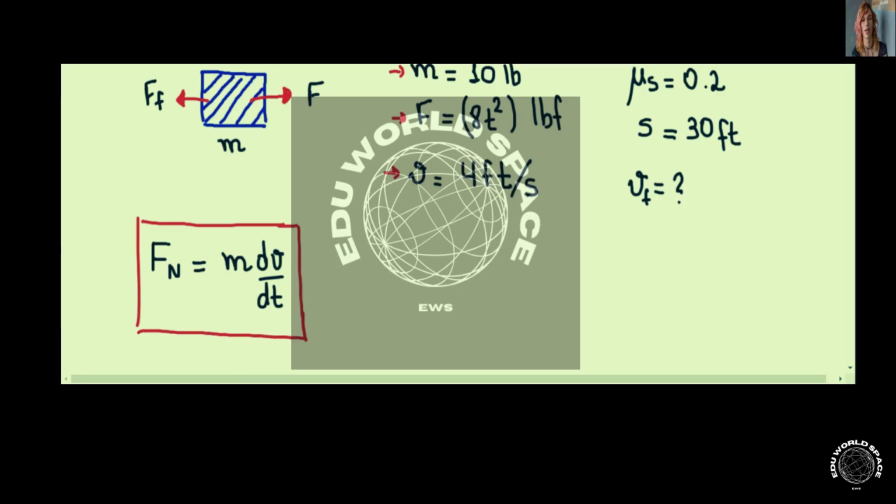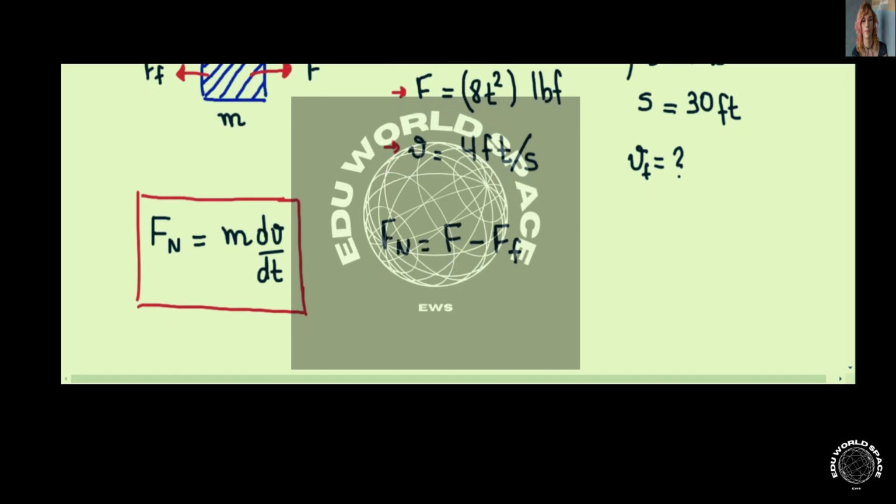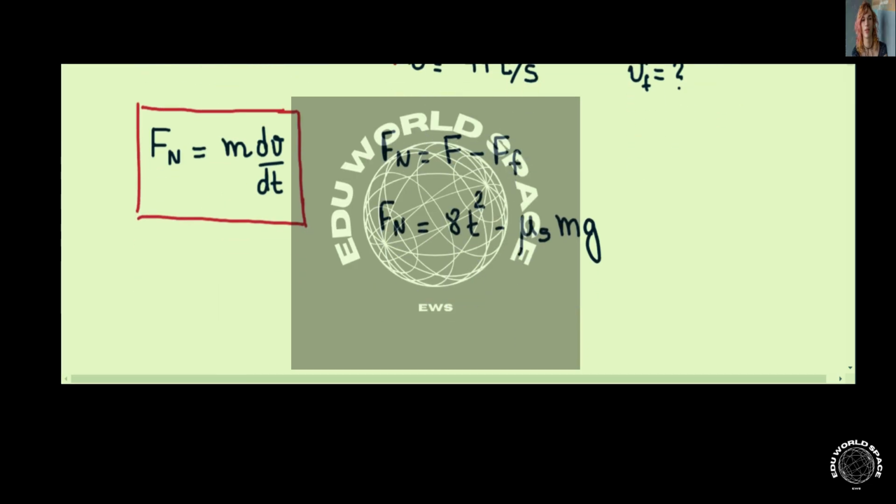Now notice that in our case, the net force, Fn, is equal to the sum of the forces. So we have the force of 8t squared minus the friction force, which I'm calling Ff. Notice that F is 8t squared, and the friction force is mu s times mg. This is the formula for the friction force.